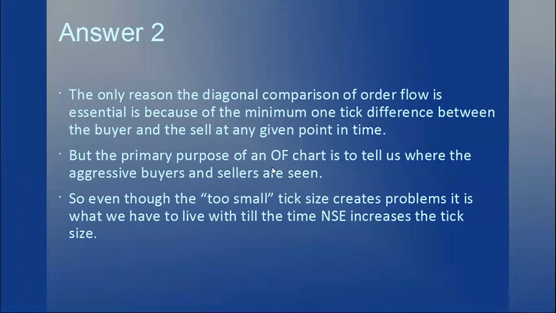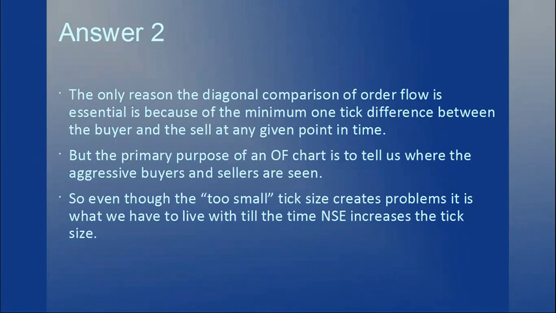Let us just look at the second part of the question, why it is better, or if at all it is required or not. The only reason, as we saw, for the diagonal comparison is the essential minimum one tick difference between the buyer and seller at any given point in time. But the primary purpose of an order flow chart is always to tell us where the aggressive buyers or sellers are coming in.